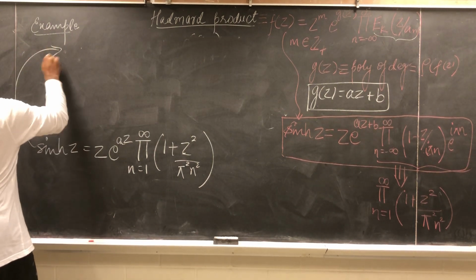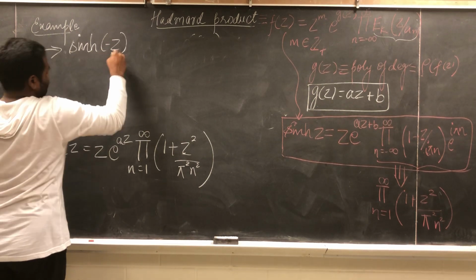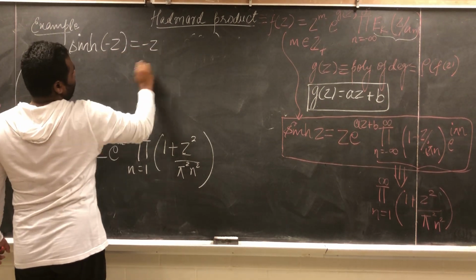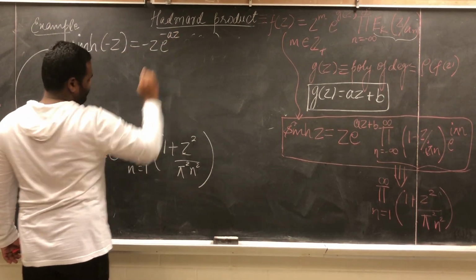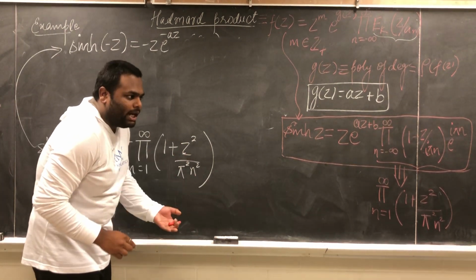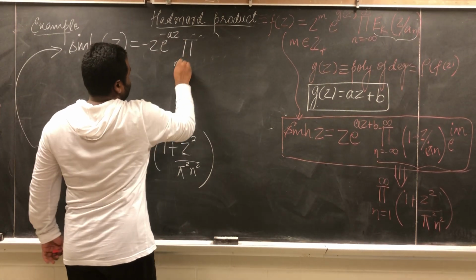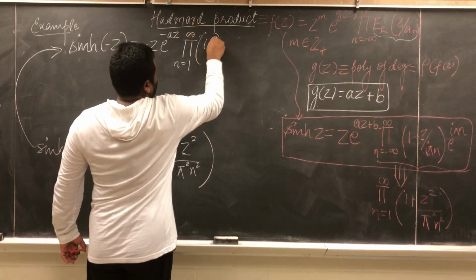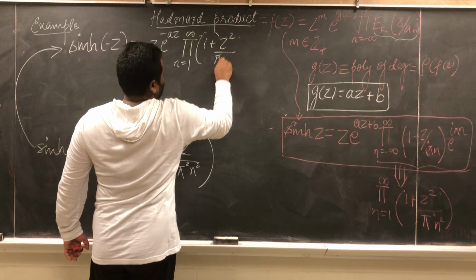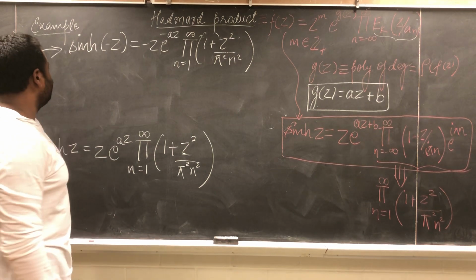So, sine hyperbolic of negative z is nothing but negative z e to the negative az. And if I plug negative z over here, since it is squared, it doesn't get any change, right? Make sense?